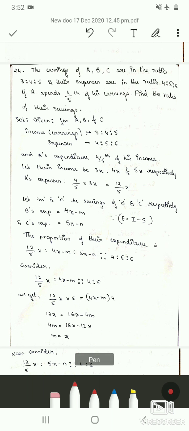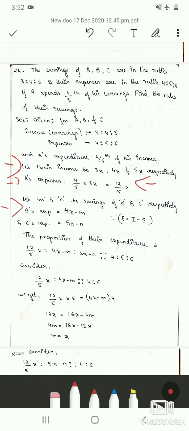So the solution for this problem is, let us solve in a similar way. Let their incomes be 3x, 4x and 5x respectively. A's expenditure is given, that is 4/5 of his income, when you multiply you'll get it as 12 by 5x.